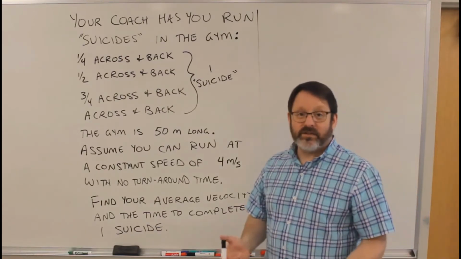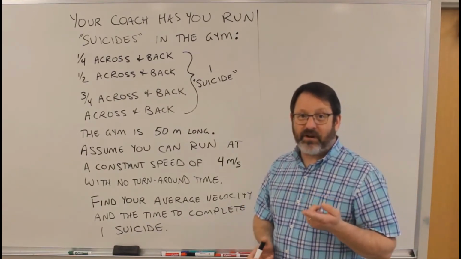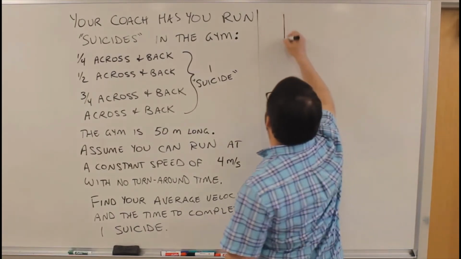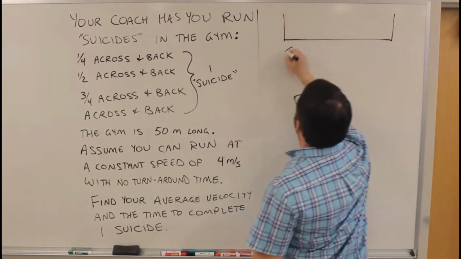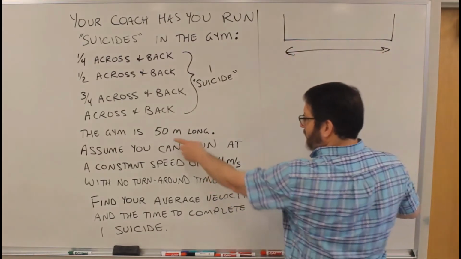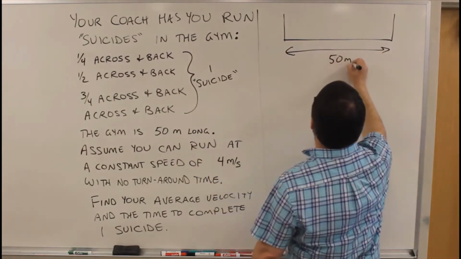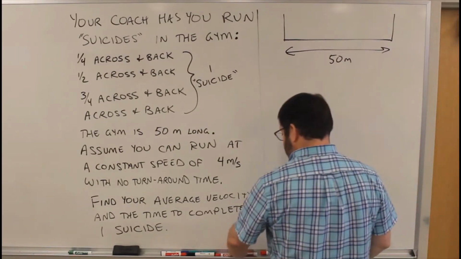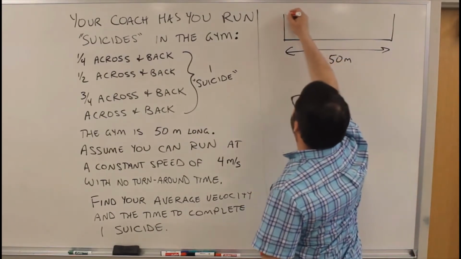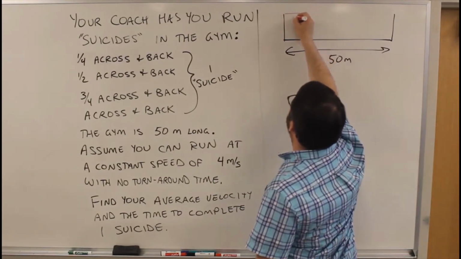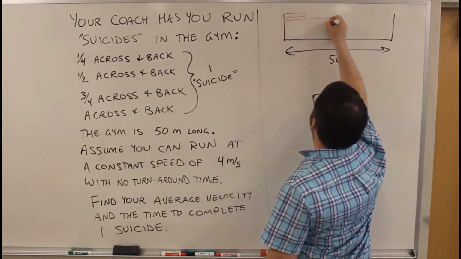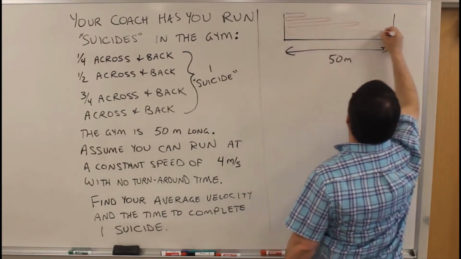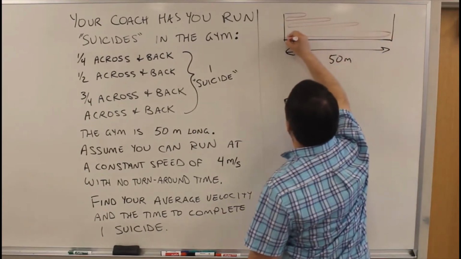So the first thing to do, remember I said starting a problem, first thing, sketch it. This one, a sketch will help, because I've got my gym, so I know the gym is 50 meters long. What I'm going to have to do in this gym is I start here and I run 1/4 of the way across and back, and then halfway across and back, and 3/4 of the way across and back, and all the way across and back.